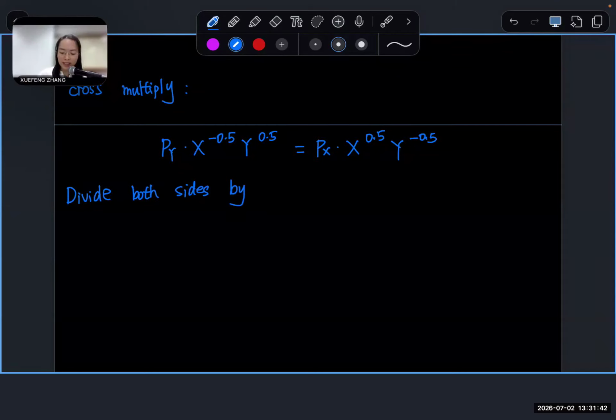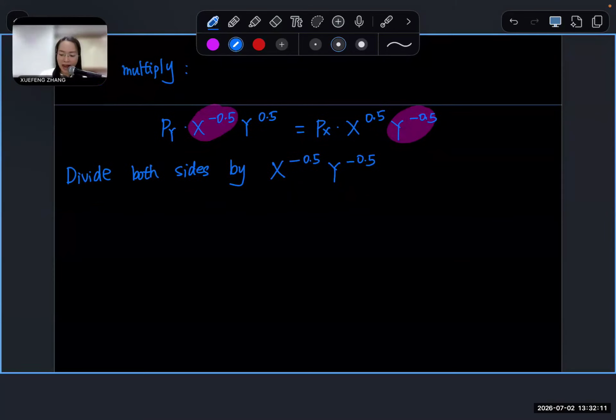So we divide both sides by x power negative half, y power negative half. Because on both sides we have x power negative half and y power negative half. We want to cancel them out, okay? So that's why we divided both sides by this. And what do we have?